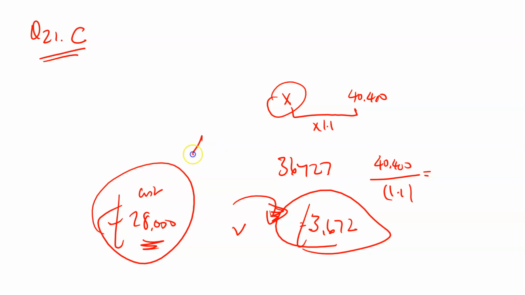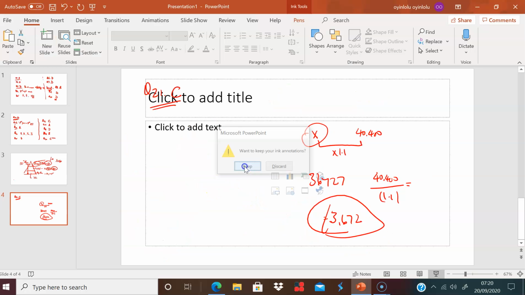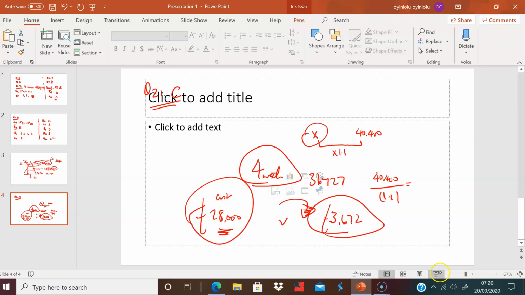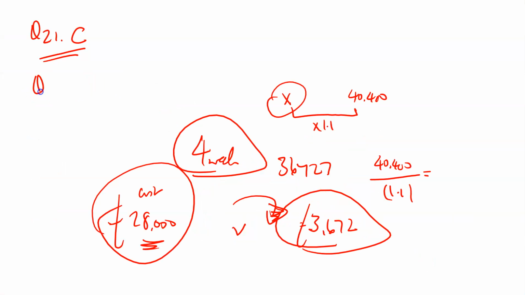This is too much, and you are waiting an extra 4 weeks as well for the report. So there are issues there. So the answer here is C. From a cost benefit point of view, it isn't worth it.